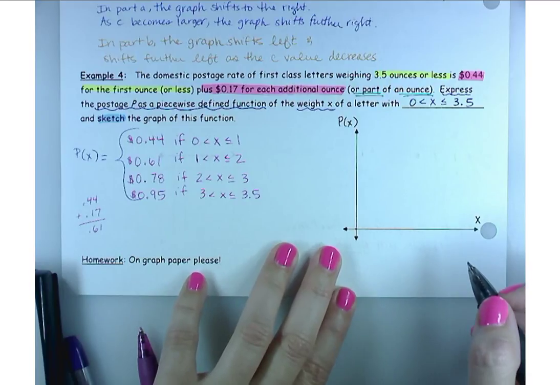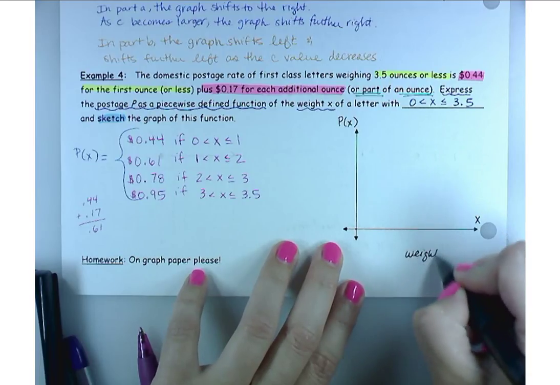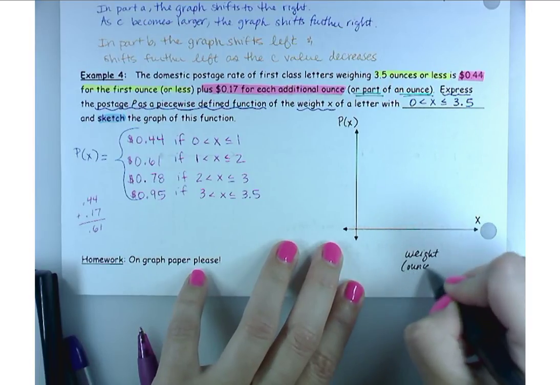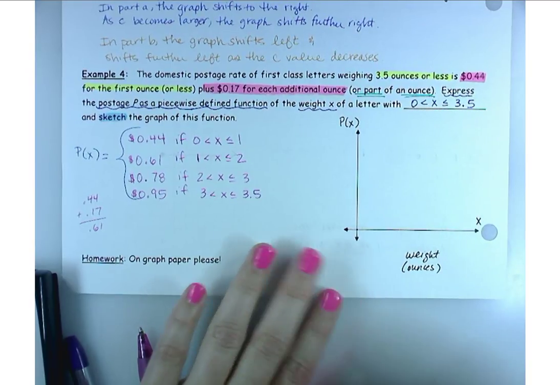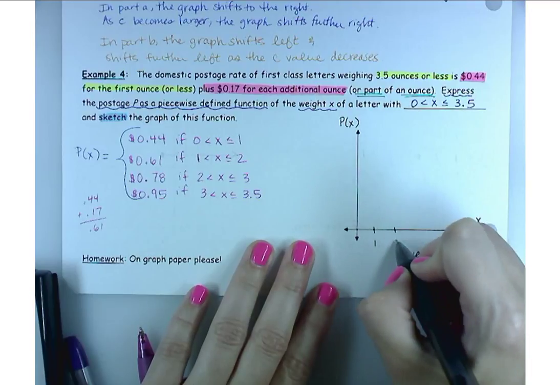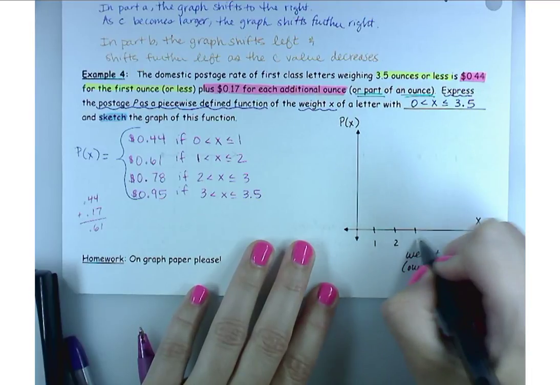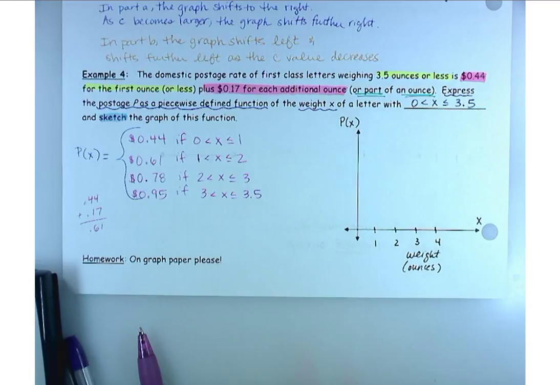The weight. The weight, okay? So it's going to be the weight, and that's measured in ounces. Okay, so I'm going to go 1, 2, 3, and 4. That's all I need to go up to.